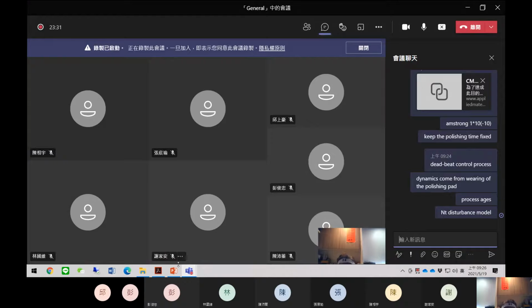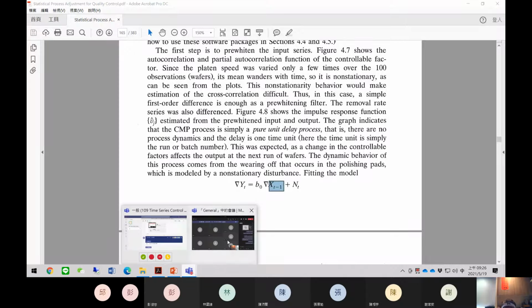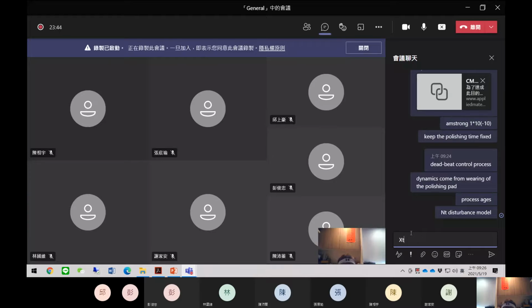And here, x_t is the controllable factor in the transfer function model.